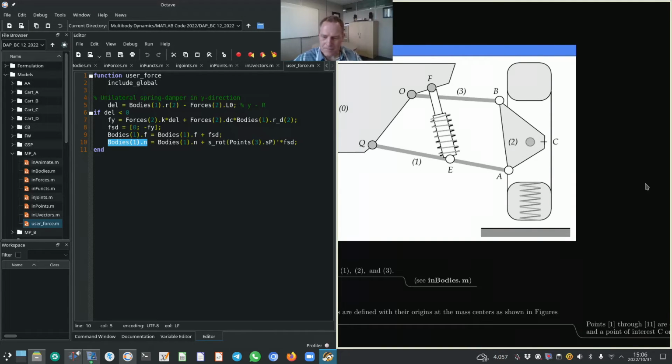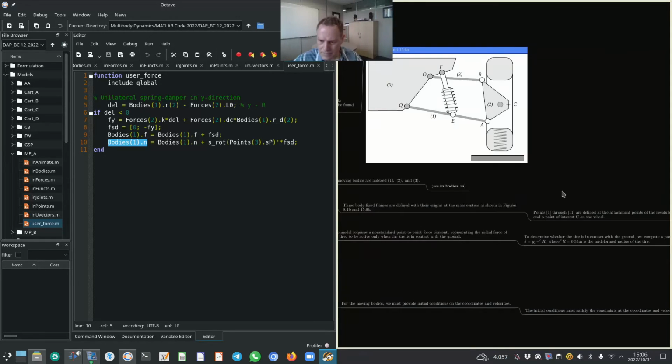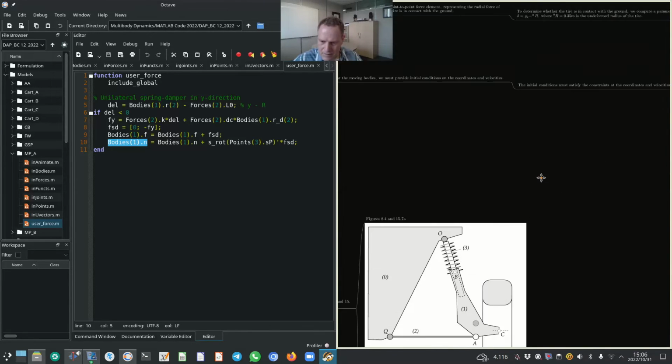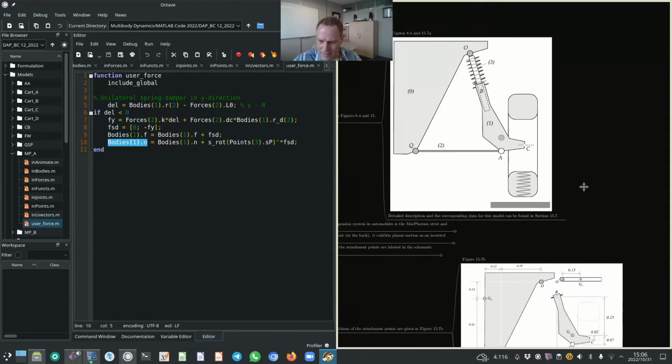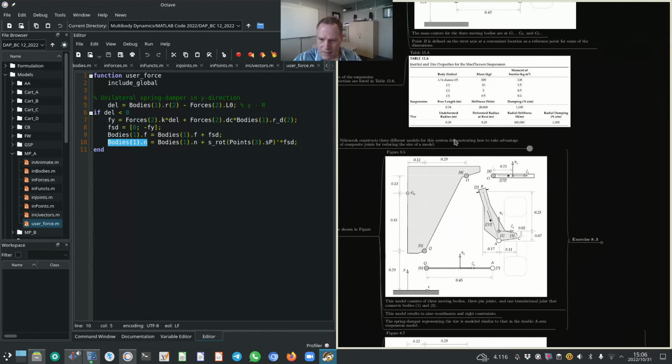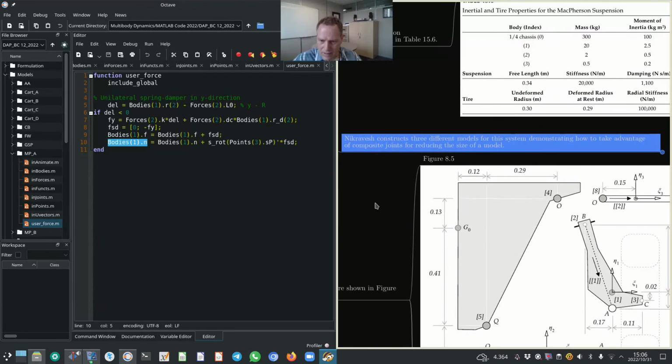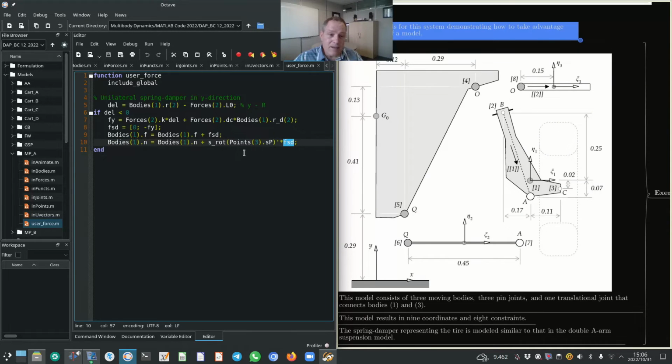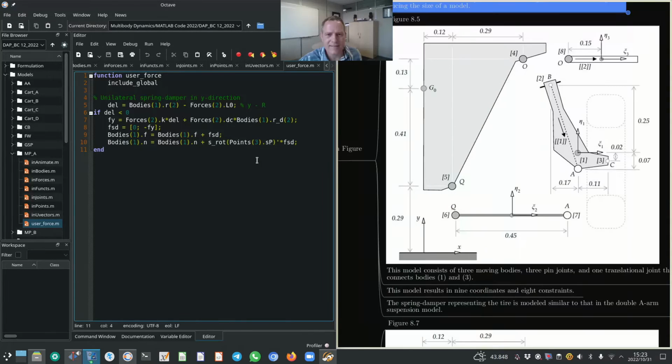Okay, now I've actually already explained how that moment component is calculated. Let's start with the end of this line of code. FSD is the externally applied spring damper reaction force.